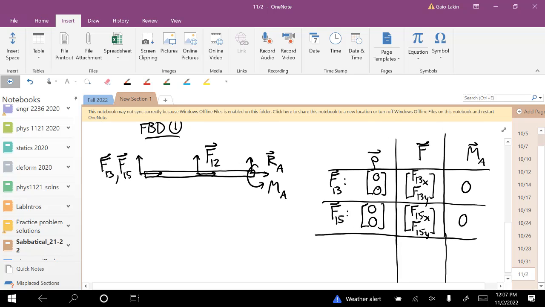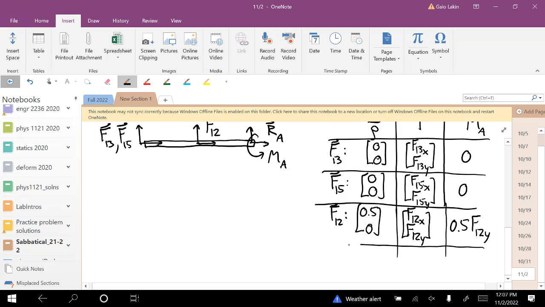How long is that thing? 1. Okay, so then this is 0.5, 0. The force is F12x, F12y. Cross product is 0.5 F12y. Then RA, row vector is 1, 0.